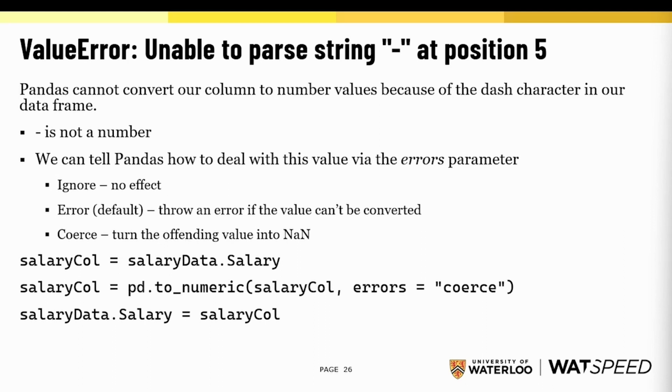By default, we raise an error. In other words, if pandas can't convert the value into a number, it stops and throws an error in our face. Another option is to ignore, which doesn't have any effect. It doesn't help us. What we want to do is use coerce.